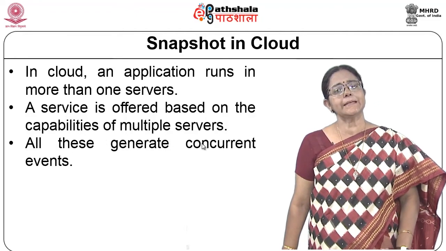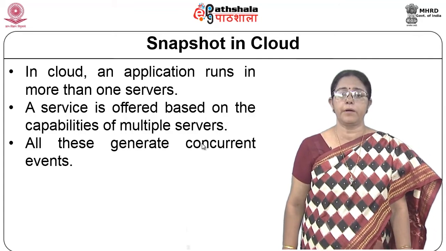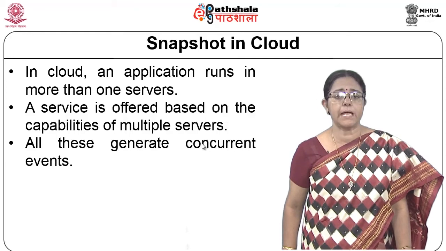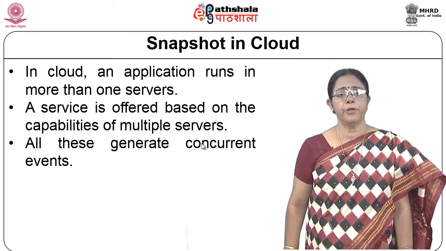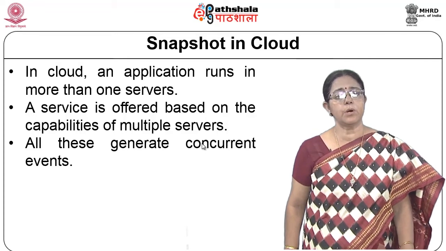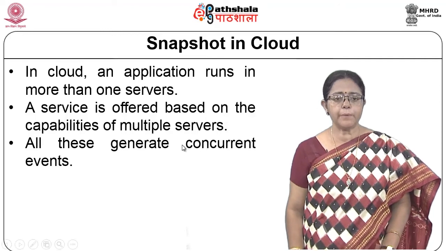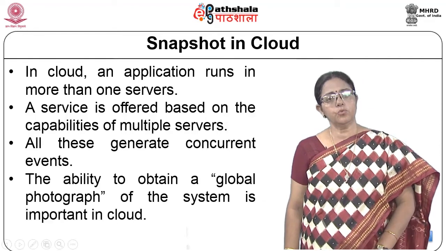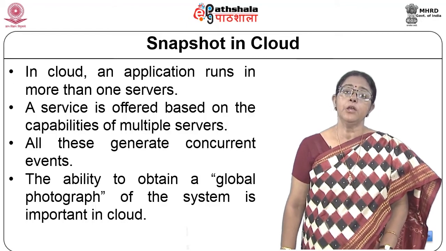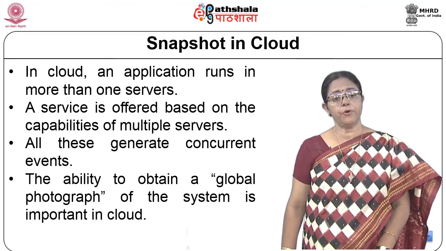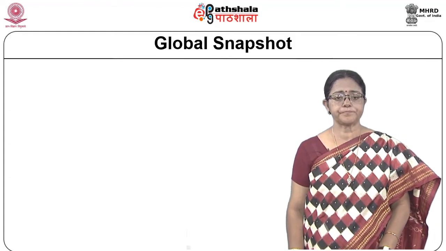All these require events to be executed concurrently, and as soon as we have concurrent events, we have a problem of not understanding what the overall situation is. To be able to understand the overall situation, we have to be able to take a global photograph of the system, and that is very important in cloud.